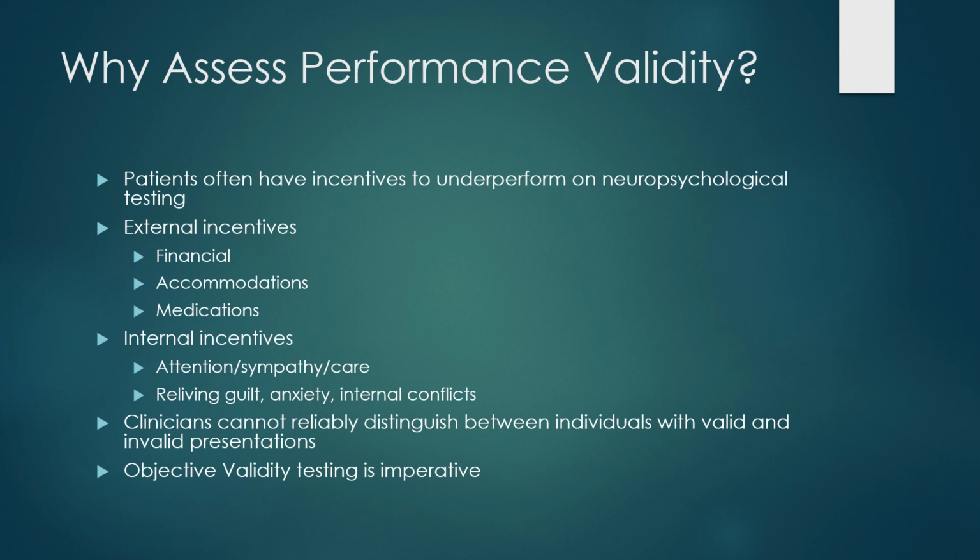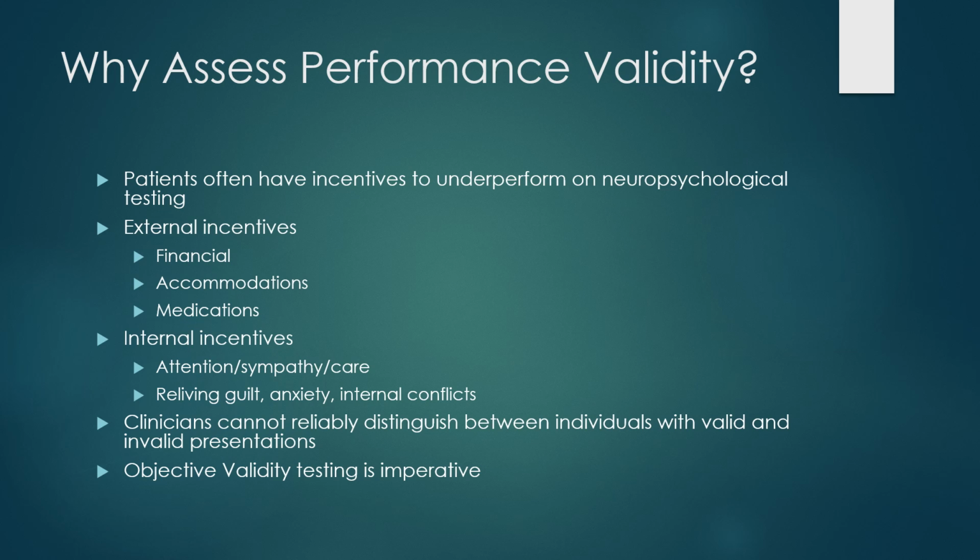And why do we need to assess performance validity? Well, patients often have incentives to underperform on neuropsychological testing. These could be external incentives, like financial incentives, such as if the patient is involved in a lawsuit or if they have a disability claim. External incentives could also include accommodations, like if the patient wants extra time on testing or they need a special accommodation in the workplace.